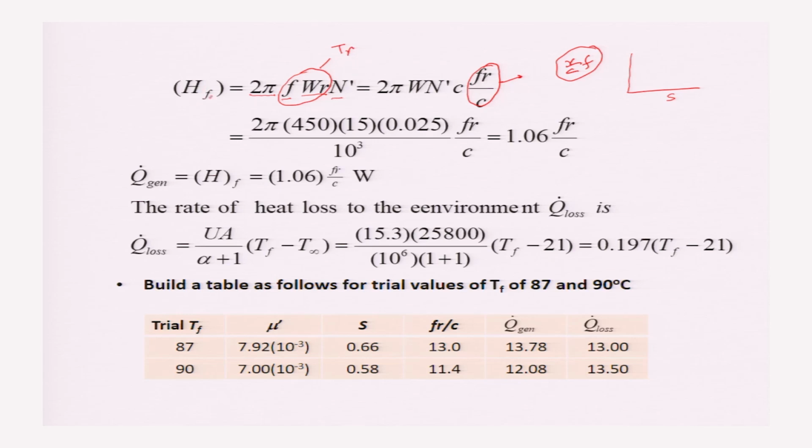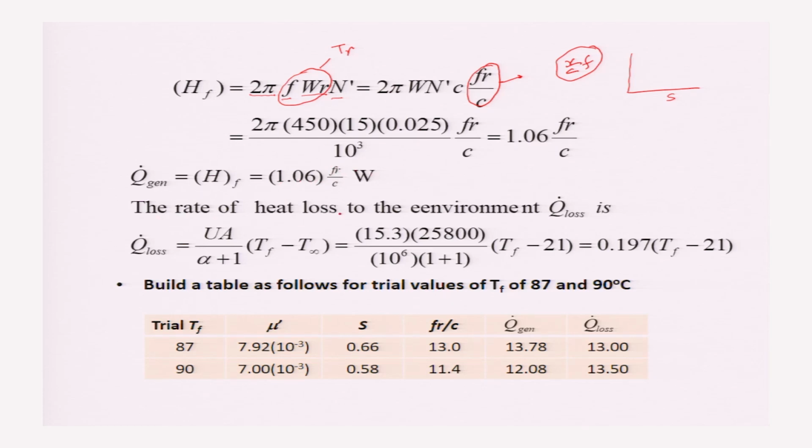So, the work done by friction, W_f, will be 2 pi N, and f R by C is written here. It means the heat generation H_f is now given in terms of f R by C. It is 1.06, this one, in watts.